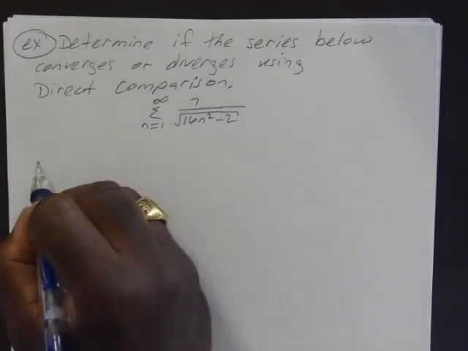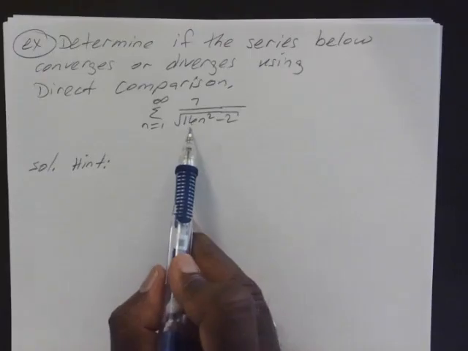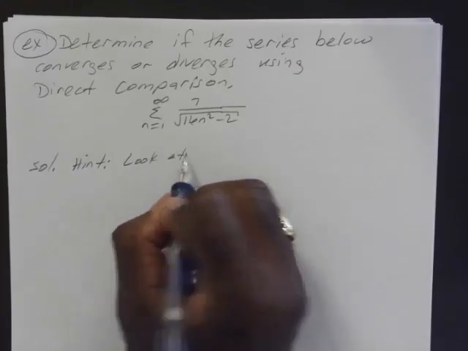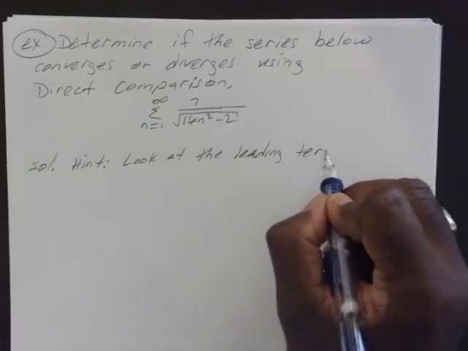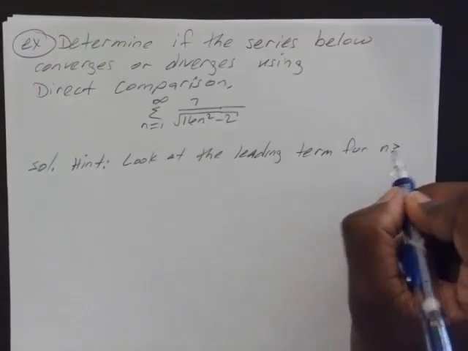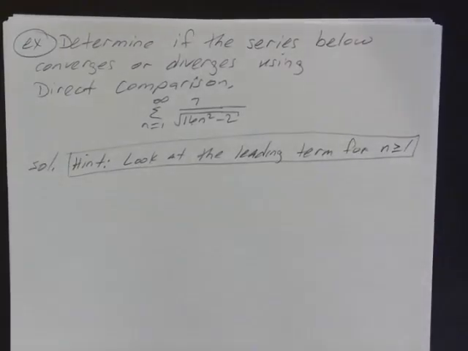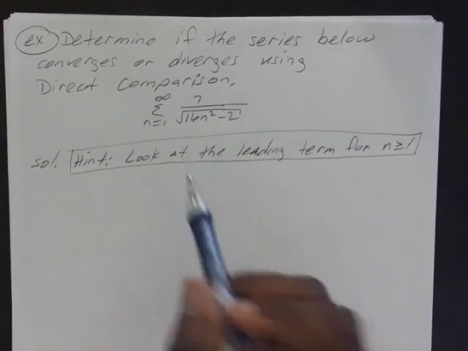Okay. Now for one like this, the first thing I would do is look at the lead term, for n greater than or equal to 1. So we're looking for a series to compare it to.